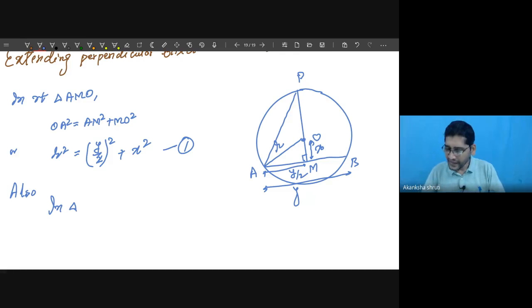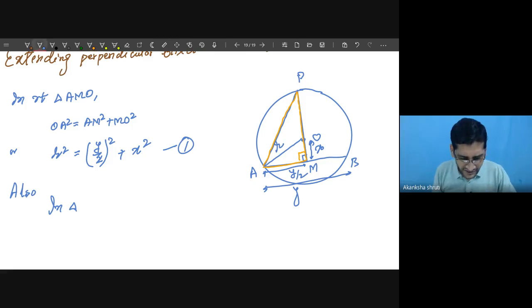APM. Can we take? In this triangle, students, observe it carefully. Now we are going to take the triangle A, P and M. This orange triangle. Here again we have this right angle. Getting?